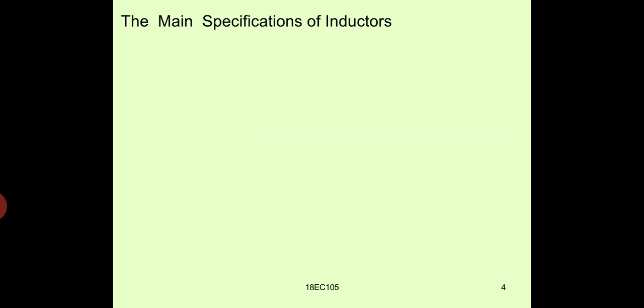Then, based on other factors, we have other classifications, that is, based on frequency you have audio frequency coils and RF coils, though not mentioned here, we know that.